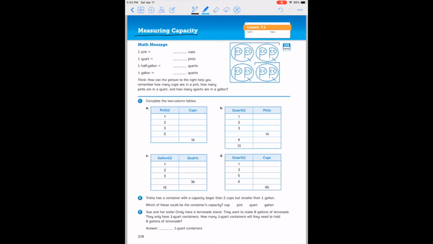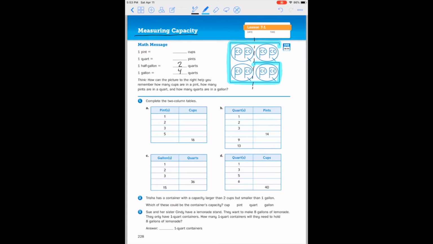Remember, we said that for every gallon, there is 4 quarts, because there's 4 Q's inside of that big G. For every half gallon, remember we drew our invisible line here, there's 2 quarts.